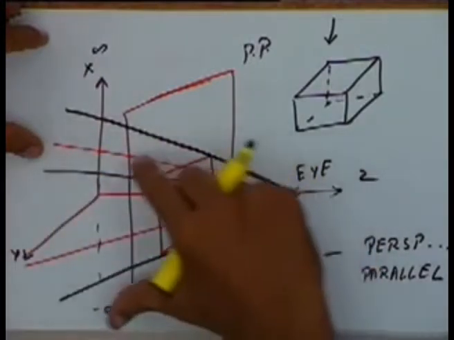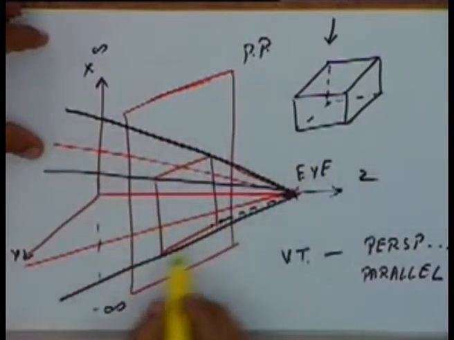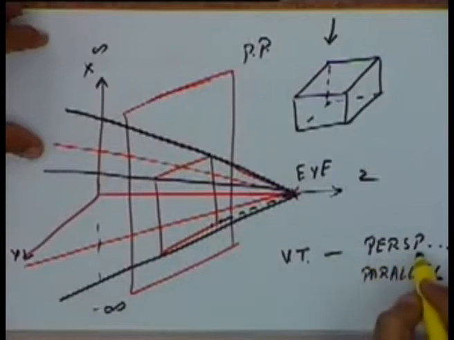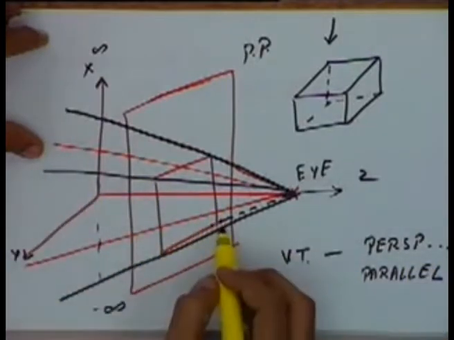This pyramidal volume, in the case of a perspective view, is called the clipping volume. Only objects inside this clipping volume will be considered.